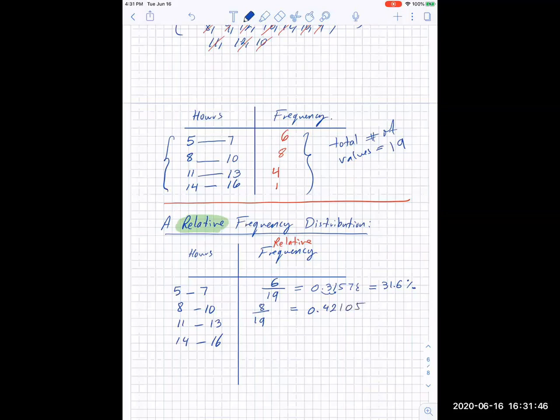In decimal, this is the decimal. In percent, it is 42.1%. And then the next class, I have 4 out of 19, which is 0.2105. Rounded to the nearest tenth of a percent, it is 21.1%.